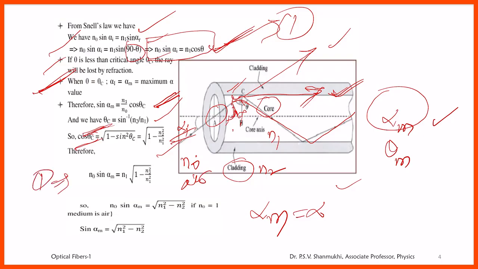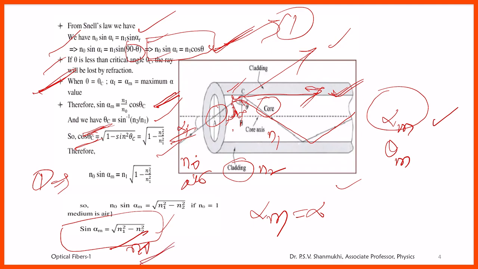N naught sin alpha m is equal to N1 into cos theta c, which is nothing but root over 1 minus N2 square by N1 square. From this one, you simplify, and you will get sin alpha m is equal to root over N1 square minus N2 square, divided by N naught. In case of air medium, N naught is equal to 1, you can take.